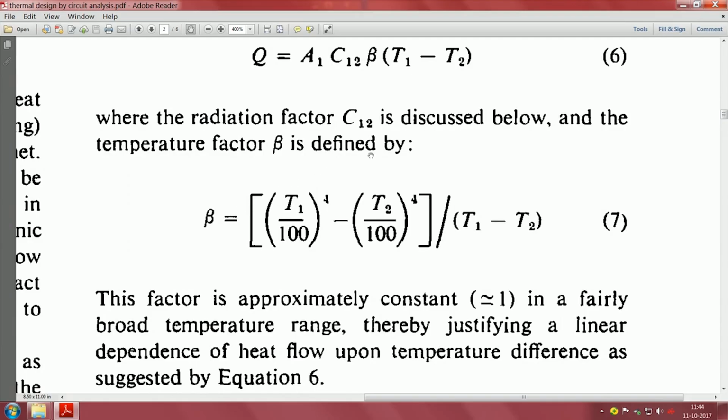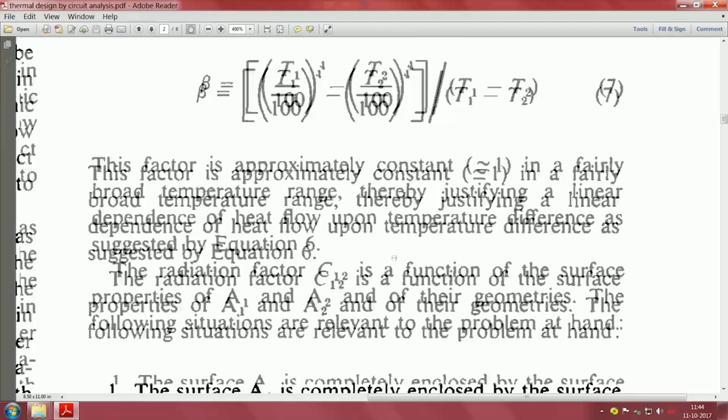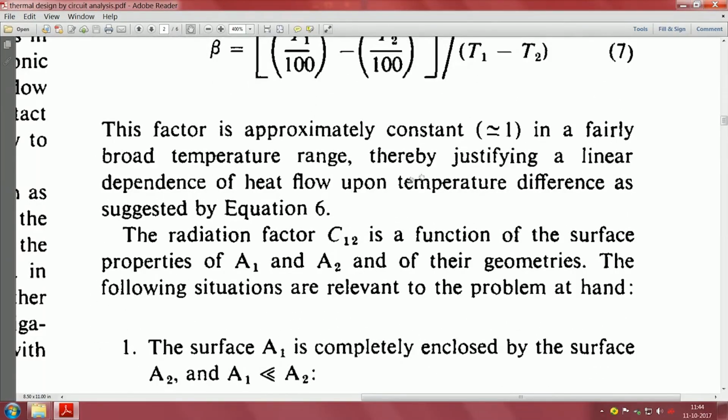Is there something we can use directly? If you take these various temperatures, this factor is approximately constant in a broad temperature range, thereby justifying a linear dependence of heat flow upon temperature difference, as suggested by the earlier equation. The radiation factor is a function of the surface properties and of their geometries.